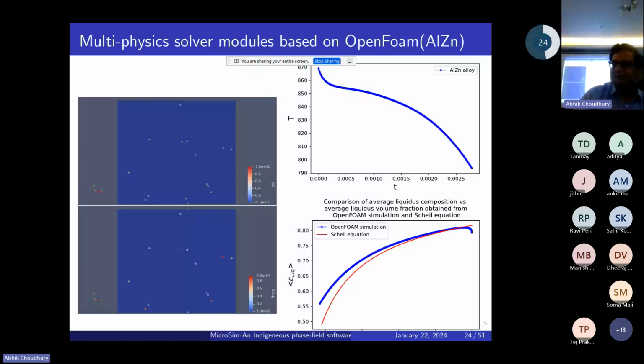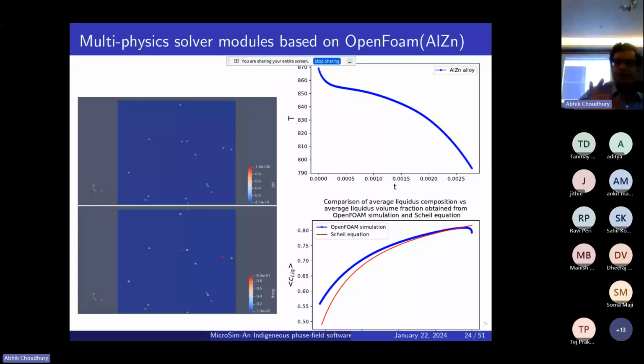Something else, this is again a classical applied problem that you can do. This is an open source module that exists for multiphysics. It's a multiphysics solver module. Some of you who haven't heard about it, OpenFOAM is an open source software classically utilized for CFD problems, computational fluid dynamics problems. But if you look at the structure of the problems, it's essentially a PDE solver.